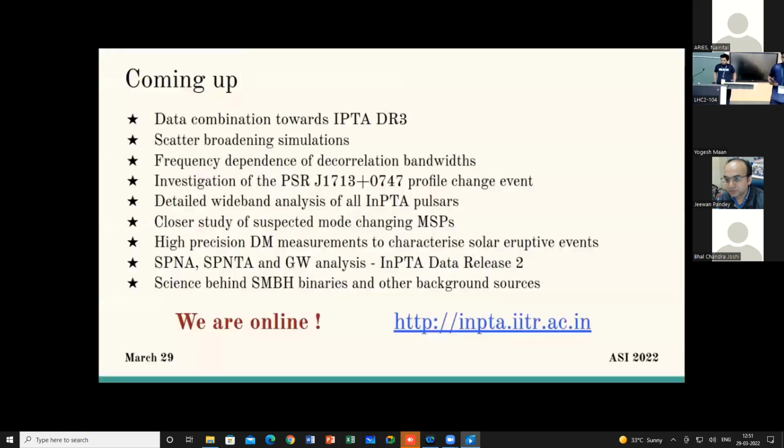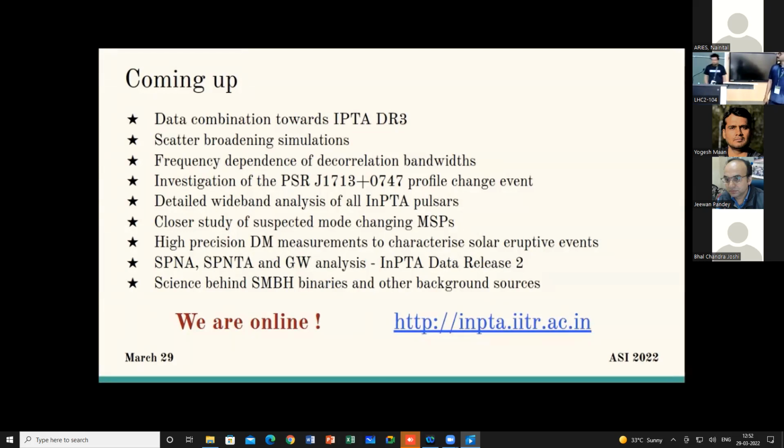To summarize, we have a number of projects on board at present. We are already working with the EPTA data combination group towards IPTA data release 3, various scattering simulations as I just mentioned, frequency dependence of decorrelation bandwidths, 1713 profile change, wideband analysis of all EPTA pulsars, investigation of mixed pulsars with suspected mode changing behaviors, characterization of solar events from pulsar timing data.